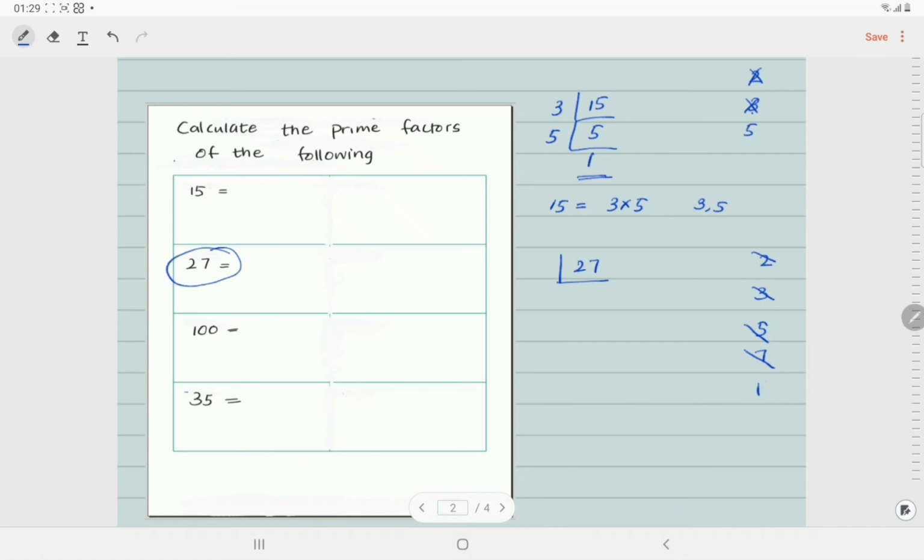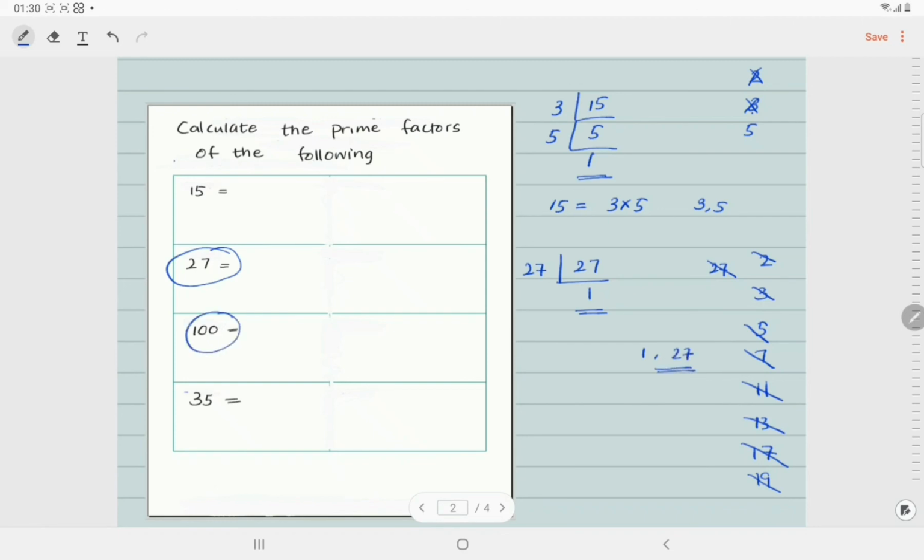Then I'm moving to the next one. 11, no. 13, no. 17, no. 19, no. And 27, so I can only divide 27 by 27. That is because 27 itself is a prime number. So it can be only divided by 1 and 27.